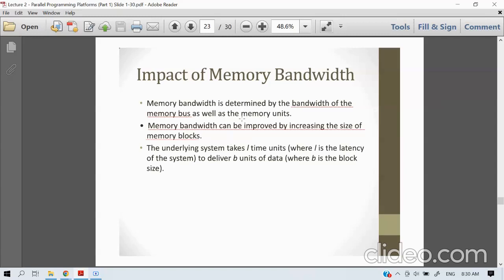Memory bandwidth can be improved by increasing the size of the memory blocks. The underlying system takes L time units, where L is the latency of the system, to deliver B units of data, where B is the block size. So that is the formula.